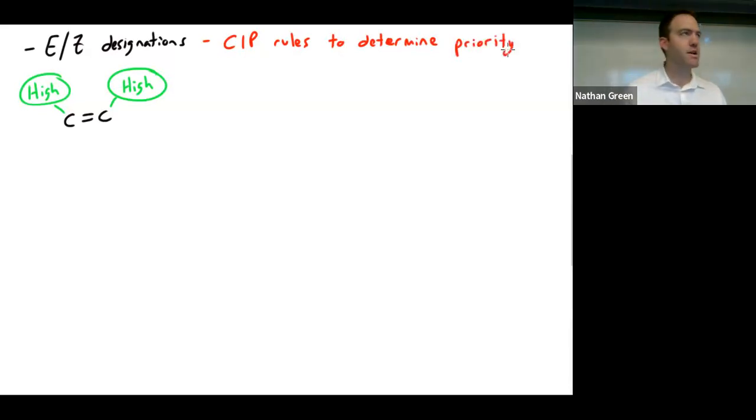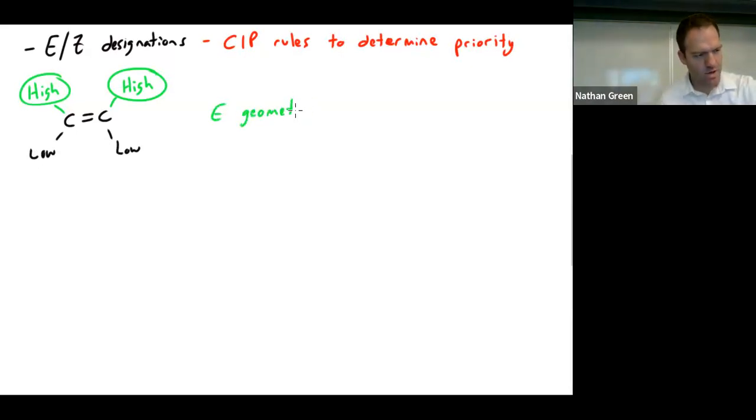So if my high priority groups are on the same side, that would mean my low priority groups are on the same side as well. We are going to call this E geometry. And the way you say that functionally is you would just say that is an E double bond, or that double bond has E geometry.